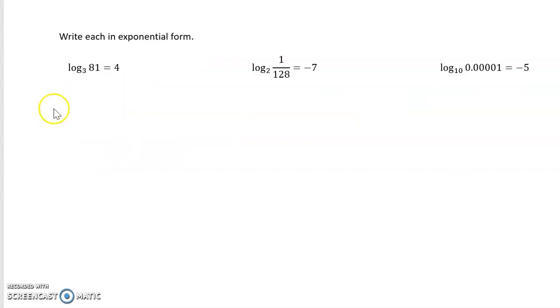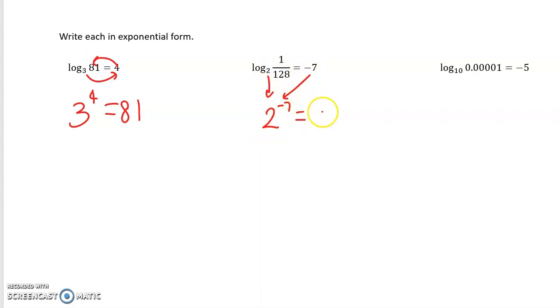If we are given a logarithmic form, how do we convert it back to the exponential form? We follow the definition. The base is 3, the same base, and the exponent will be the right-hand side number. So 3 to the 4th is going to be equal to the number 81. The same thing here: we take the base 2 and put the right-side number as our exponent, which is equal to 1 over 128.